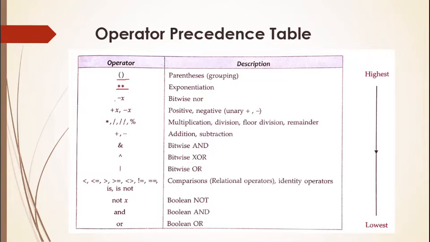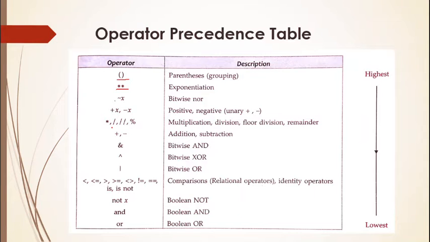Just see here the precedence: then positive and negative numbers, then multiplication, division and remainder operators. If we put many operators with the same precedence in an expression, they are performed from left to right.